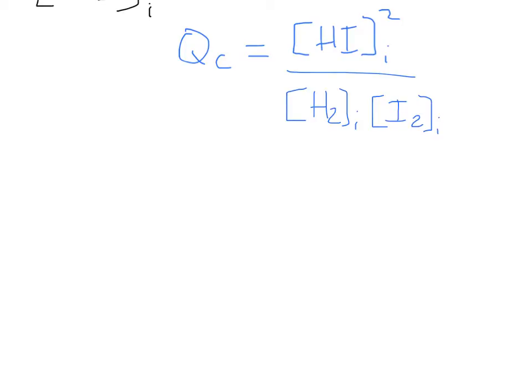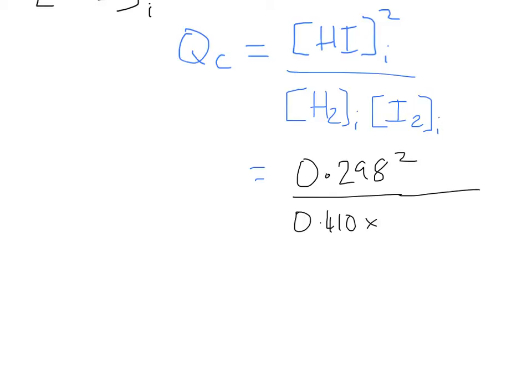So if you substitute all those in, the initial concentration of HI is 0.298 molarity, but remember in K and Q we don't write units, so we'd square that. And the concentration of hydrogen is 0.41 molar, and iodine is 0.369 moles per liter. And that gives us a value for Q, the reaction quotient, of 0.587.